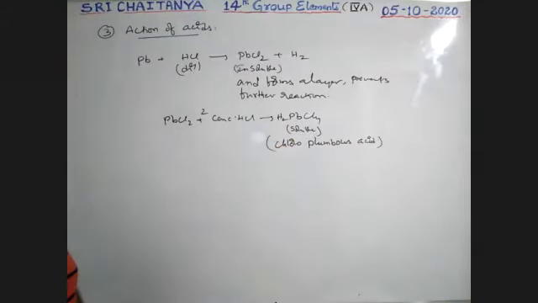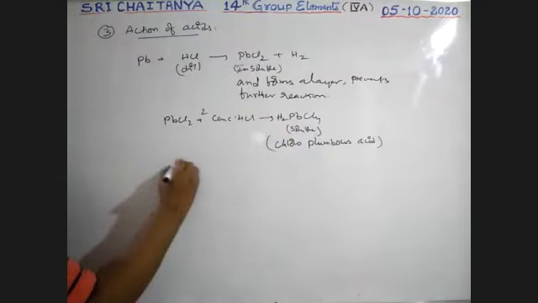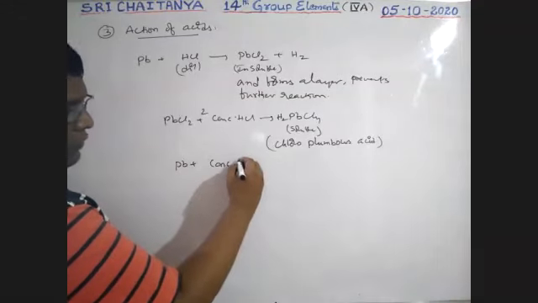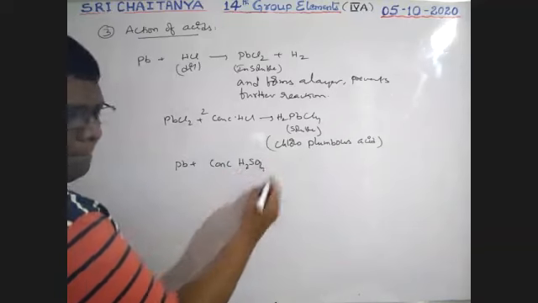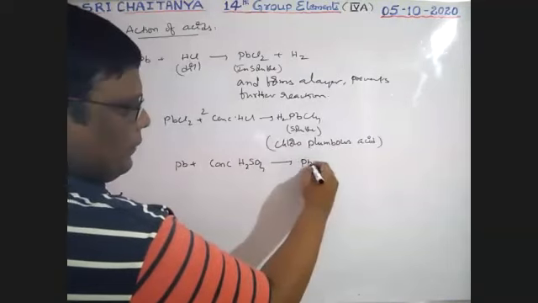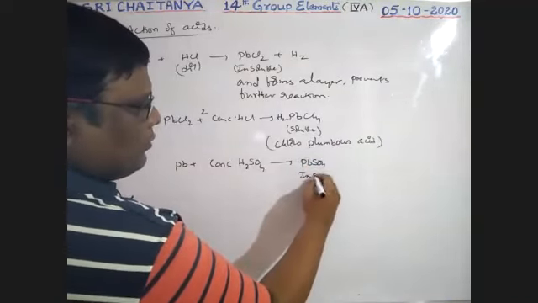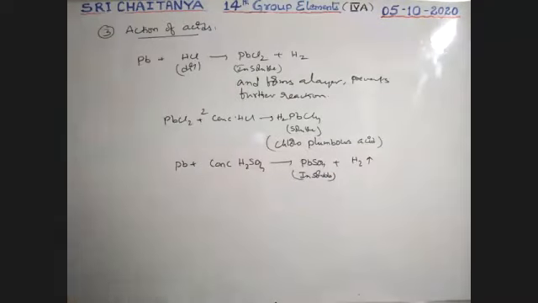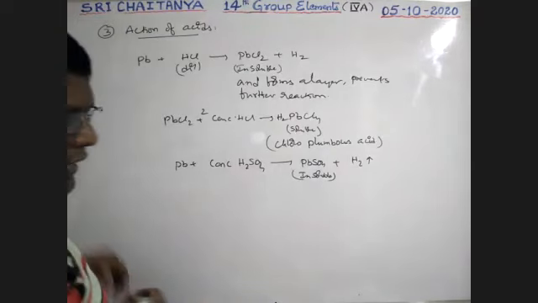Next, when Pb reacts with concentrated H2SO4, that gives PbSO4, insoluble, that means a precipitate, plus H2 gas. Next, reaction with HNO3.